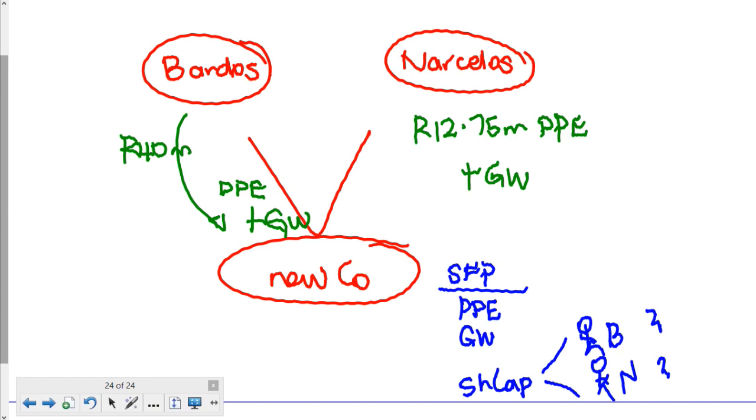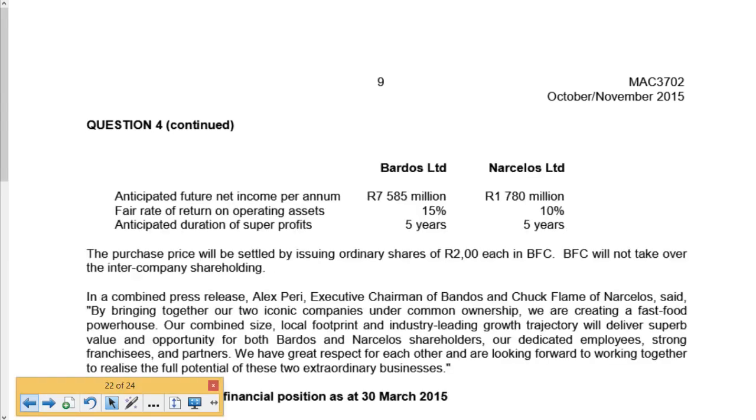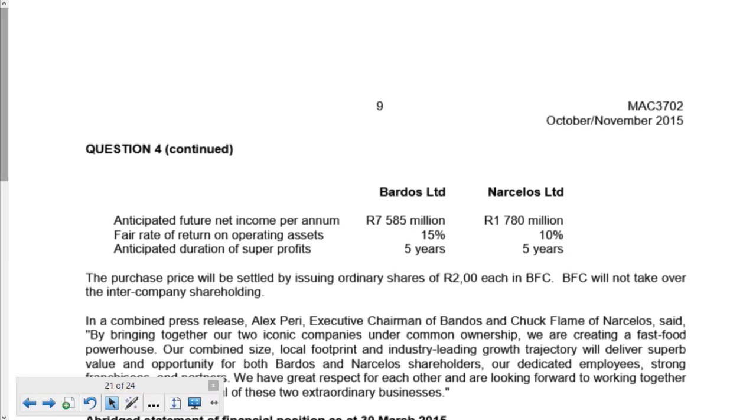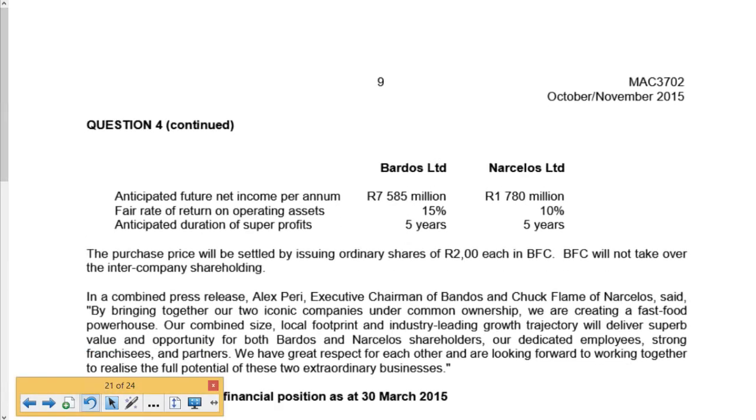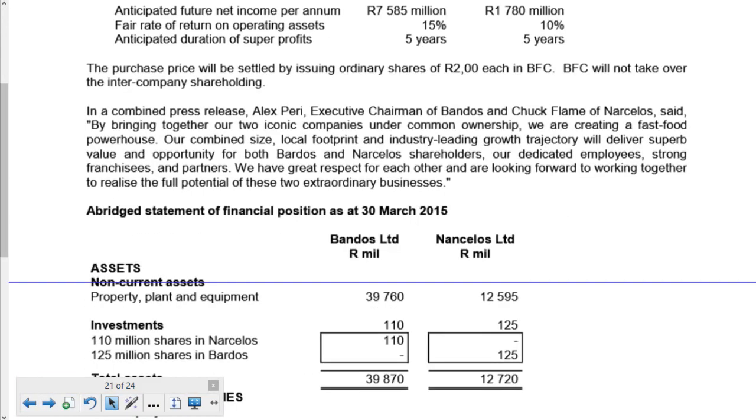Now, the tricky part of this question, and I'm going to leave it up to you to decide, but I think we must go through it. The tricky part is when you look at the information, where's the P&L? It's at the bottom here.